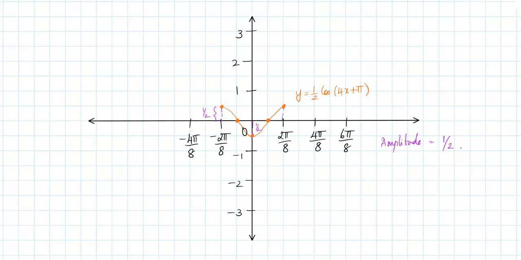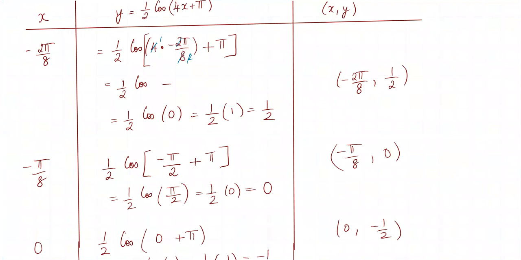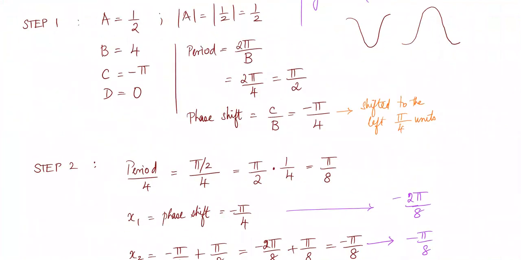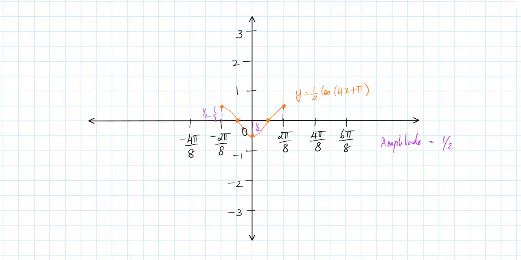What about our phase shift? Our phase shift says that we got the graph shifted to the left by pi over 4 units. Is that the case? If you look at this, this distance is actually pi over 4.